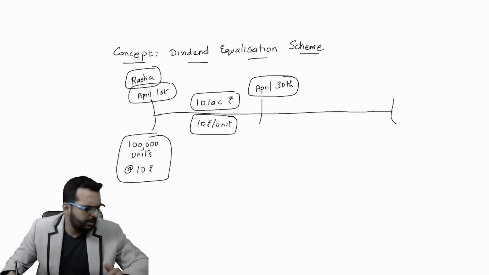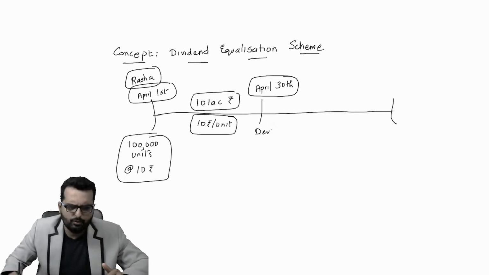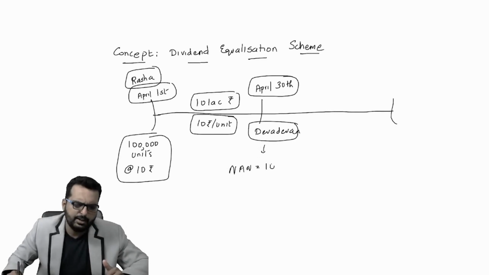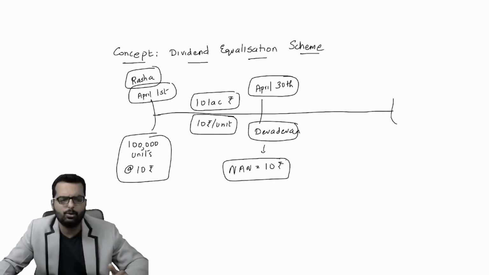On April 30th, let us assume Devadevan wants to join this mutual fund. And let us assume the NAV is the same, 10 rupees. If Devadevan joins the scheme with 10 rupees only, there is going to be a problem.